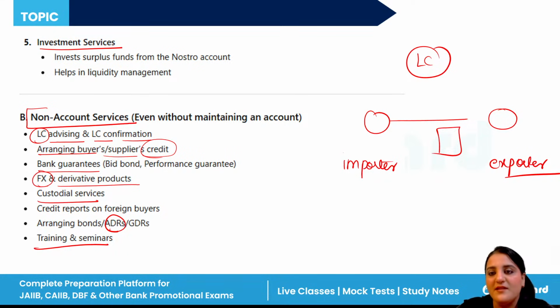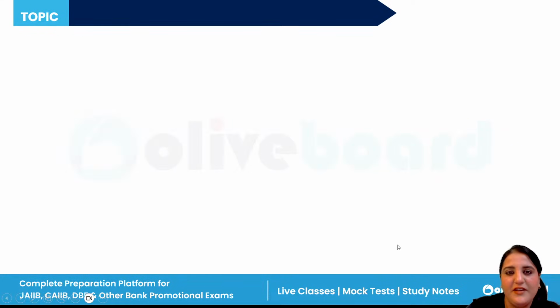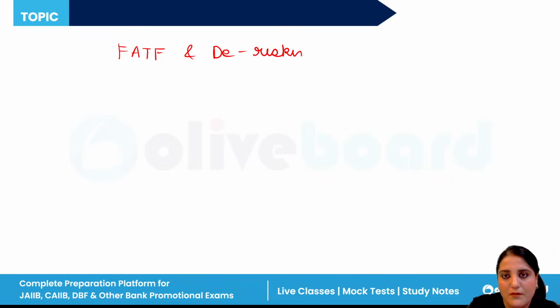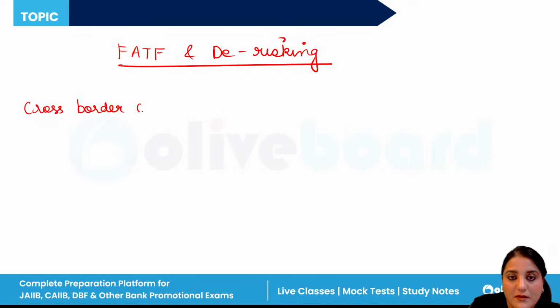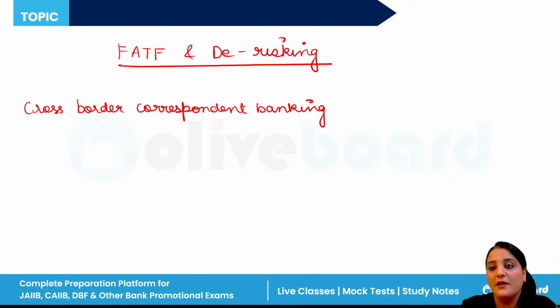Then what is the meaning of FATF? FATF and de-risking. See, cross-border correspondent banking generally is more risky.